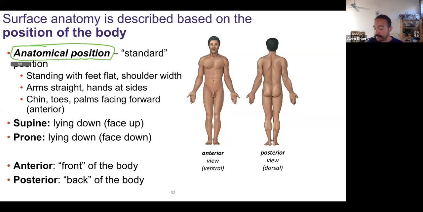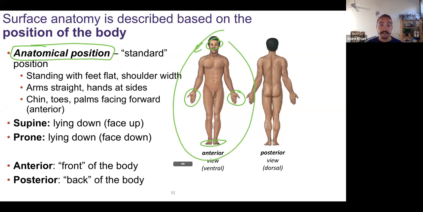Anatomical position is where your face is facing forward anteriorly. Your palms are facing forward anteriorly. Your toes are facing forward anteriorly, and you're standing up straight. That is anatomical position. So when we refer to directions, it's based on this position that you see here, that I've just circled.